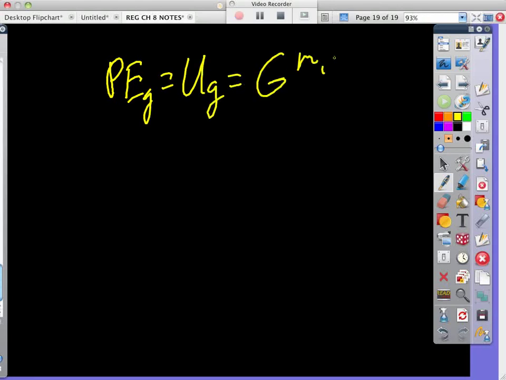The potential energy of gravity, and it's actually usually called UG, is equal to big G m1 m2 over r.